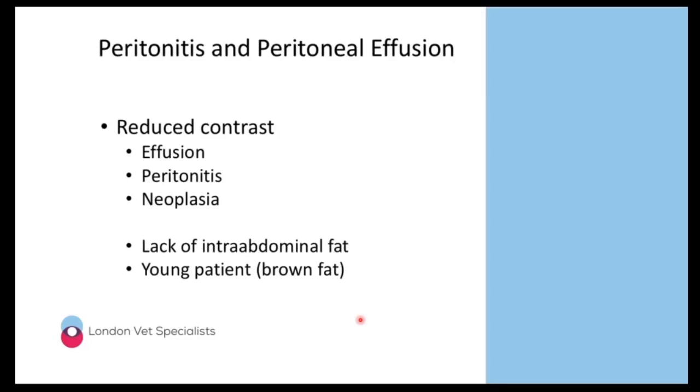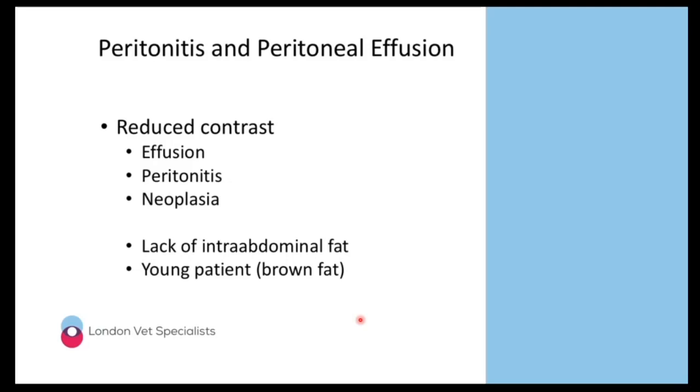And that brings us on nicely to peritonitis and peritoneal effusion. So in that last case, we were talking a little bit about the loss of contrast in the retroperitoneal space as a result of bleeding secondary to rodenticide, and that's pretty typical for an effusion or a peritonitis within the retroperitoneal space or the peritoneal space.